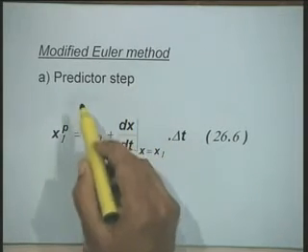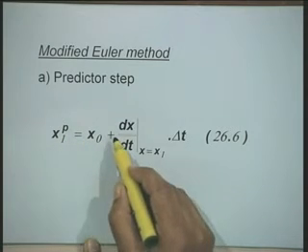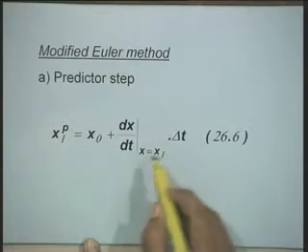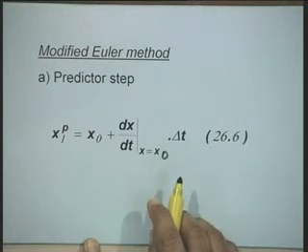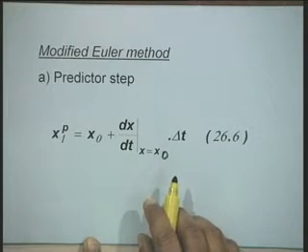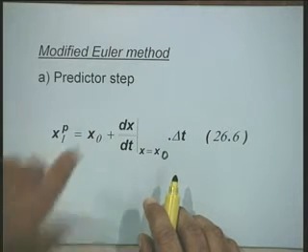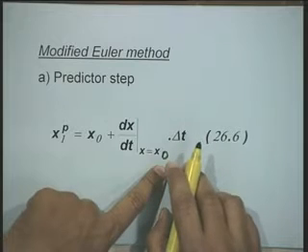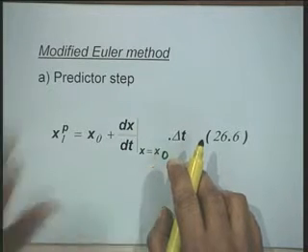The first step is called predictor step, that is x1p is equal to x naught plus dx by dt evaluated at x equal to x naught into delta t. That is, you evaluate x1p, which we call a predicted value, as initial value x naught plus the derivative at x equal to x naught into delta t.